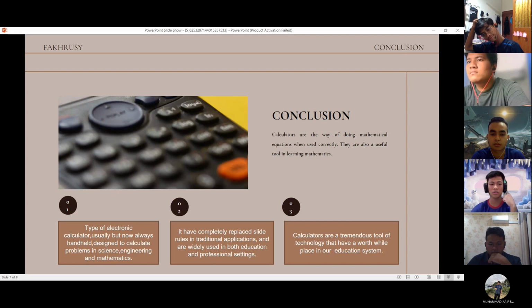So firstly, type of electronic calculator. So usually, but not always handheld, designed to calculate problem in science, engineering, and mathematics. So second, it has completely replaced slide rules in traditional application and is widely used in both education and professional setting.